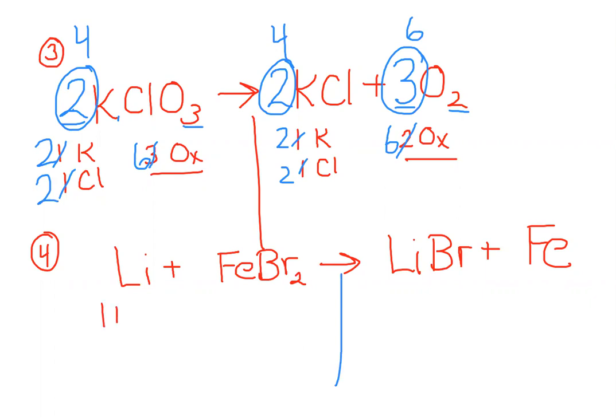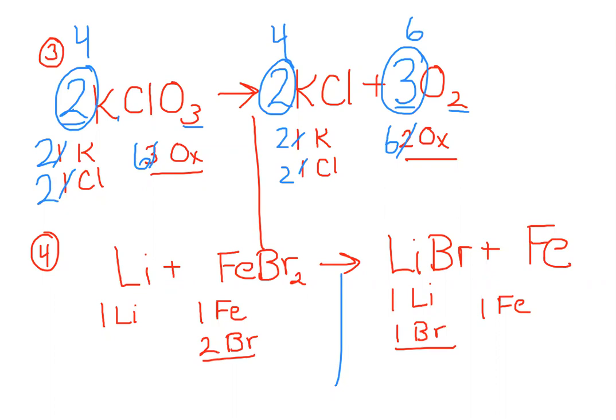We've got 1 lithium, 1 iron, Fe is iron, and 2 bromine. And over here we have 1 lithium, and we have 1 bromine and 1 iron. So the thing that we got to work with is this bromine.